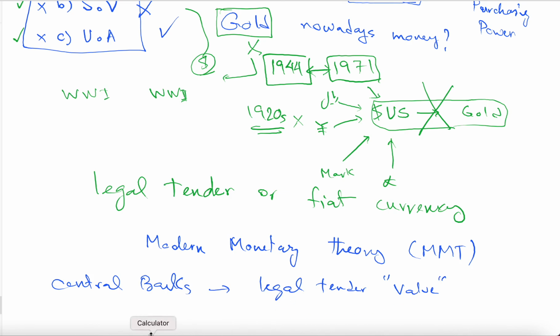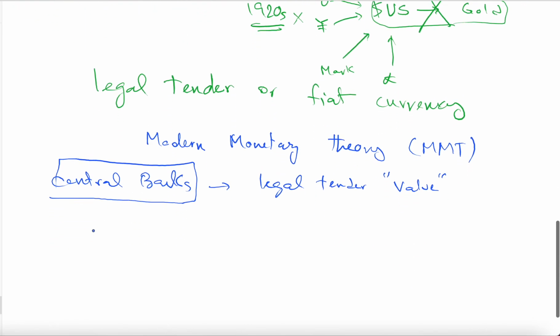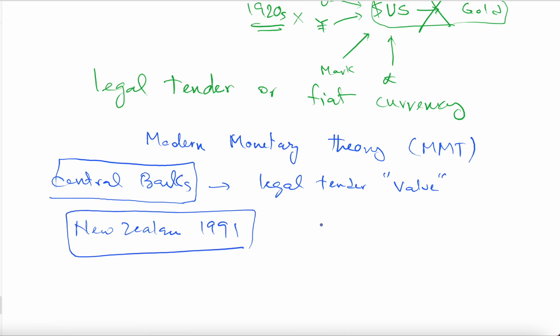So it brings a lot of responsibility for the central banks under modern monetary theory, in the way that they can keep the values. It was happening in every country, but New Zealand in 1991 introduced a methodology of watching the CPI, the Consumer Price Index, and trying to keep it fixed.